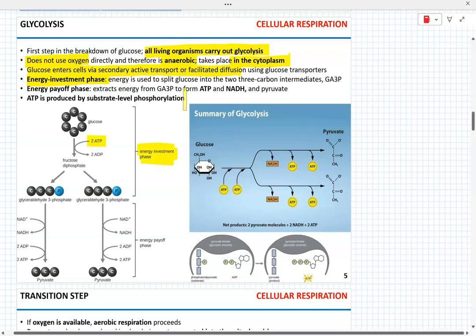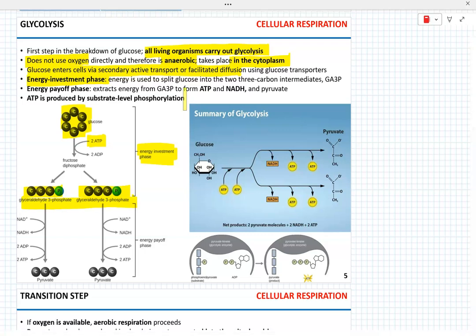The energy of two ATP molecules is used to convert a 6-carbon molecule of glucose into two 3-carbon intermediates, glyceraldehyde 3-phosphate. You may notice that the number of carbon atoms does not change during the energy investment phase.